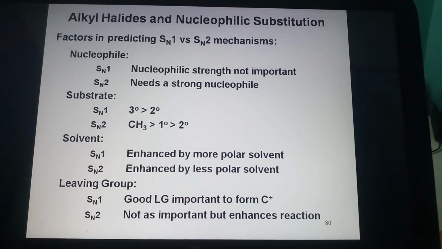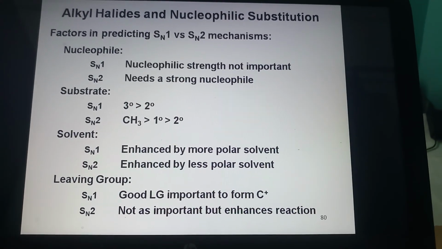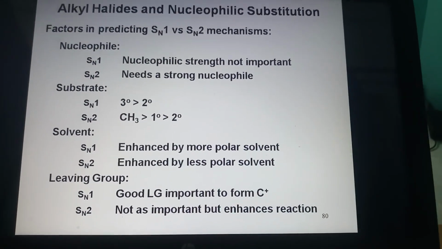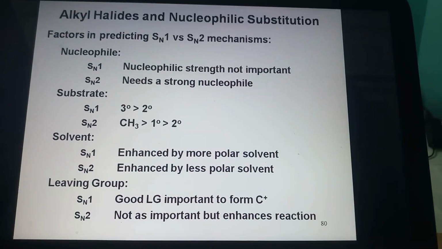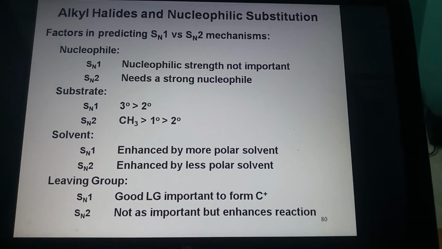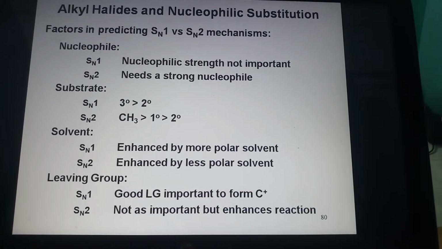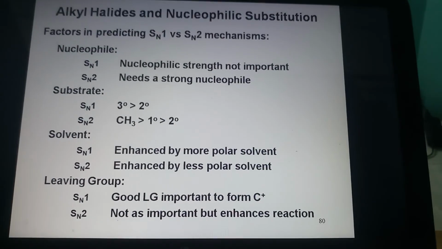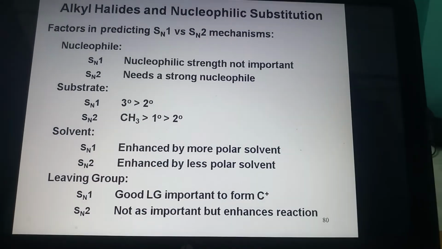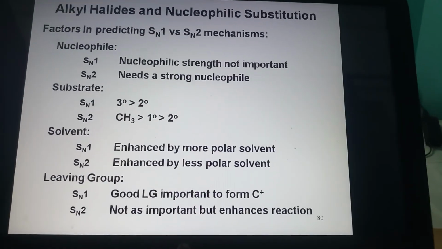So the summary here is the factors. If we consider the nucleophile, in case of SN1, nucleophilic strength is not important, because we know that the rate determining step is the formation of the carbocation. In case of SN2, it needs a strong nucleophile. If we consider the substrate, in case of SN1, 3 degree is preferred over 2 degree.